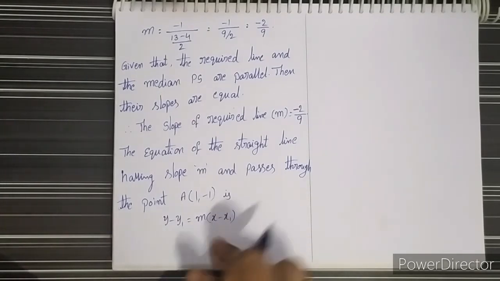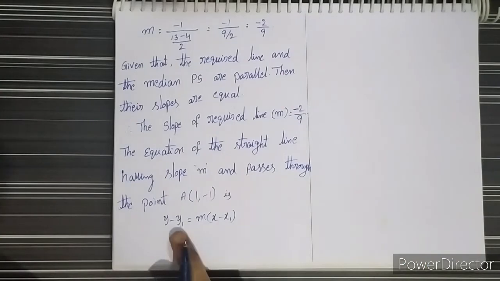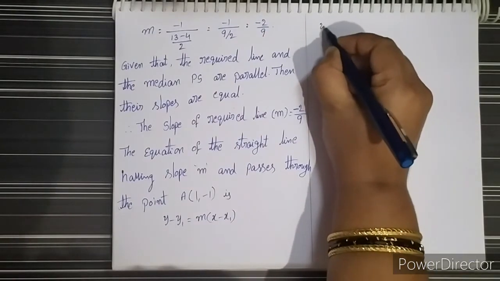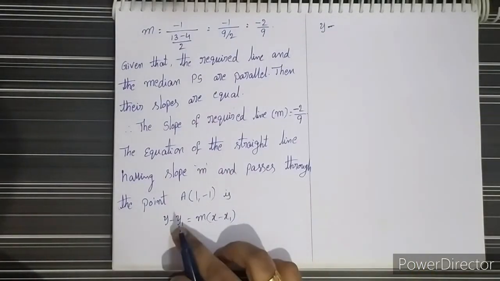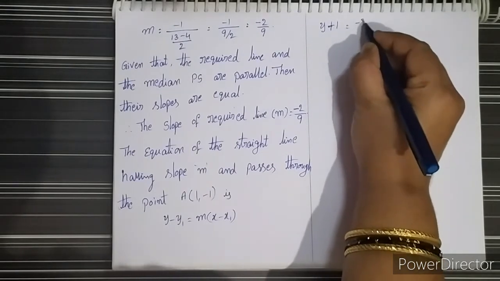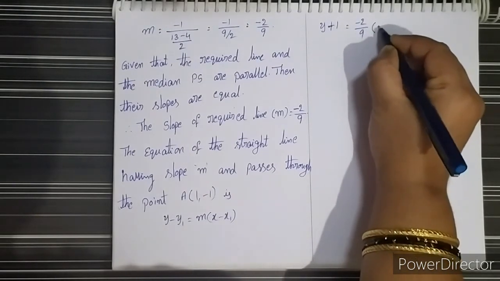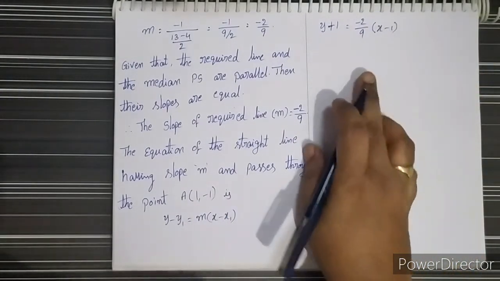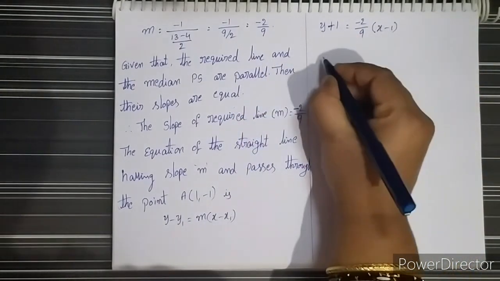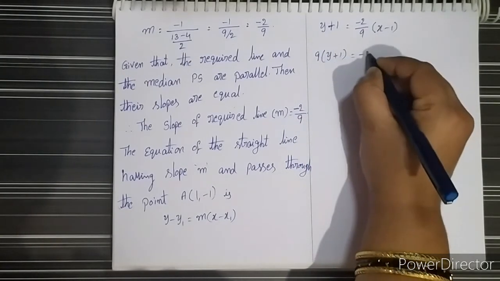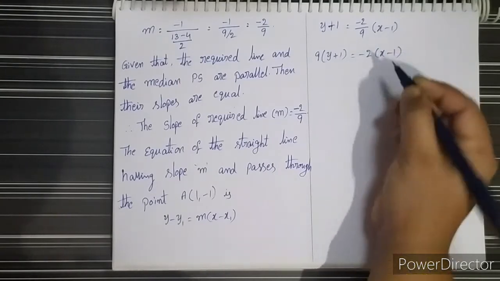Then substitute the values. x1, y1 are taken from the point A and the slope M is minus 2 by 9. So y minus (-1), that is y plus 1, equals minus 2 by 9 into (x minus 1). Taking cross multiplication, 9 into (y plus 1) equals minus 2 into (x minus 1).